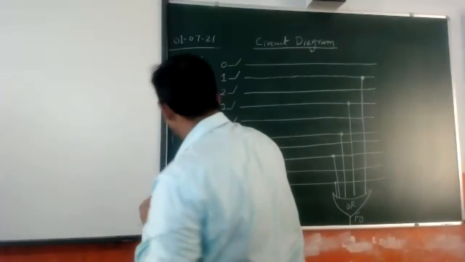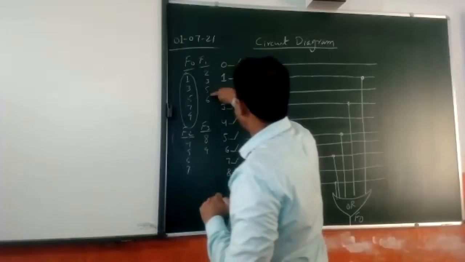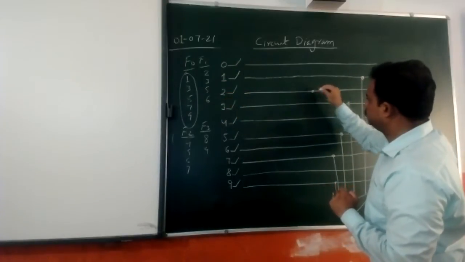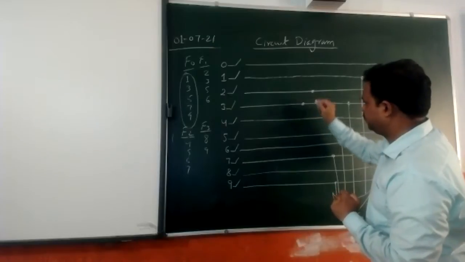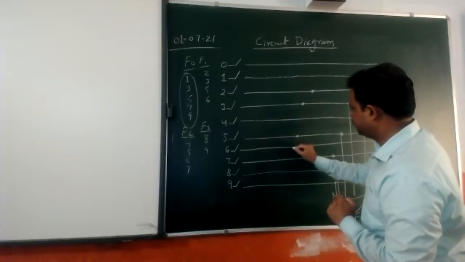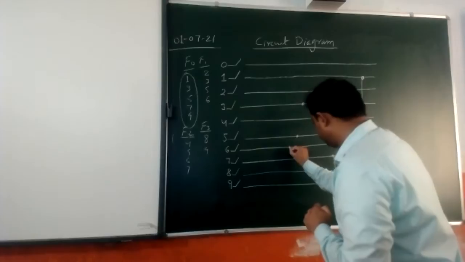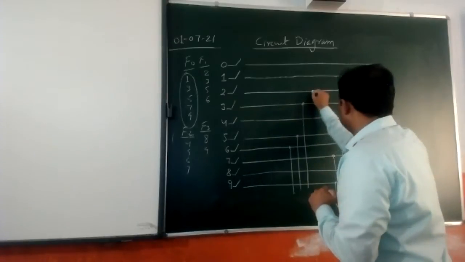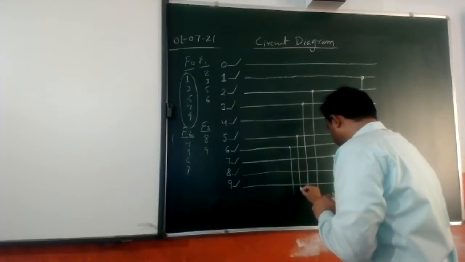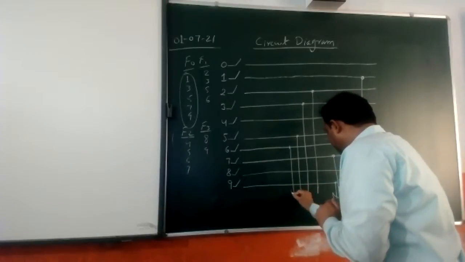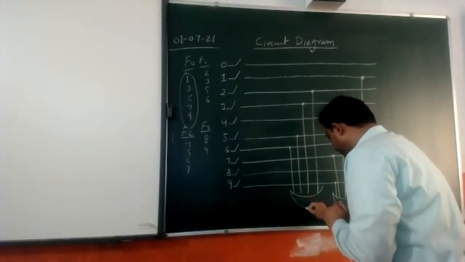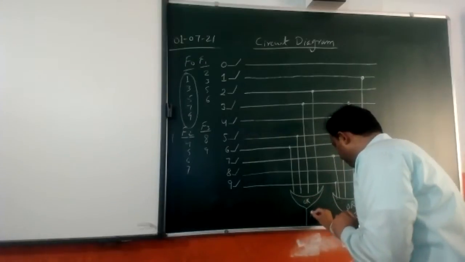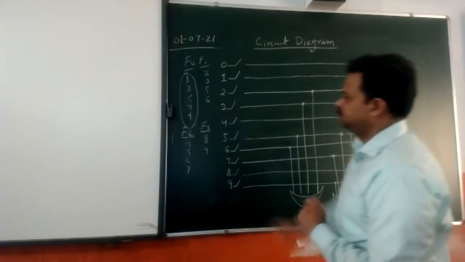Then come to F1: 2, 3, 5, 6. Connect with the OR gate. This is your F1.